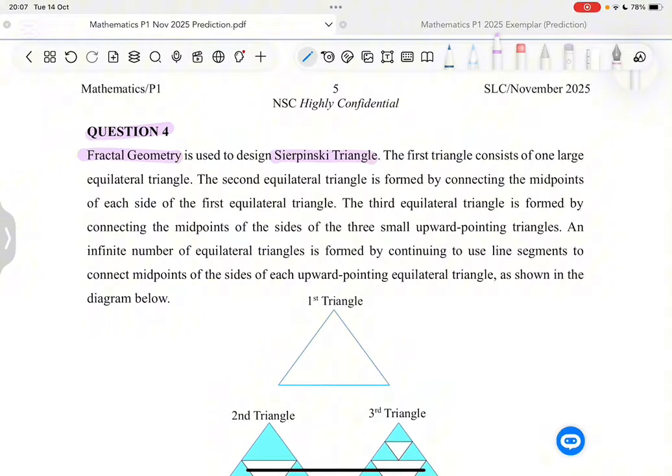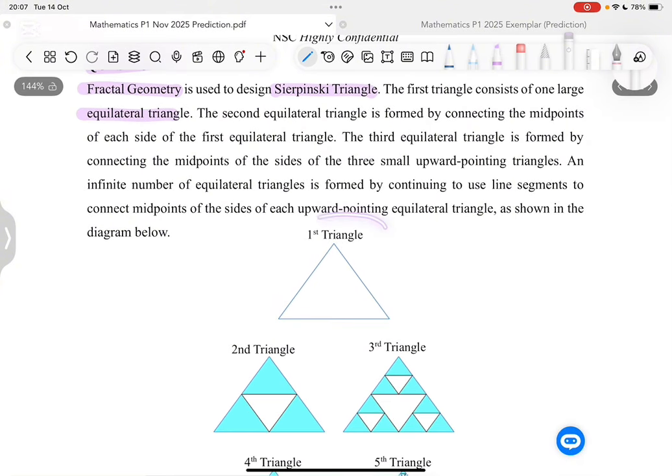Now the question continues and says that the first triangle consists of one large equilateral triangle. So if we look at our first triangle, which is here, it has one large equilateral triangle. To say this is an equilateral triangle means that all the three sides are the same in length. So that's what we have in the first triangle.